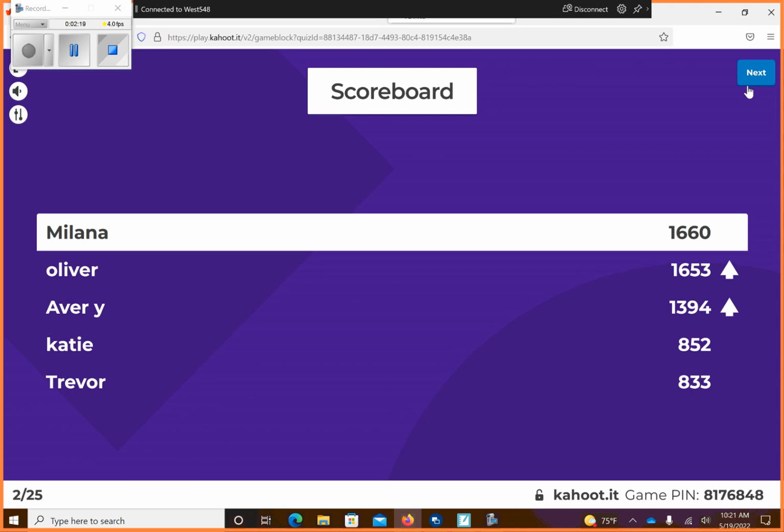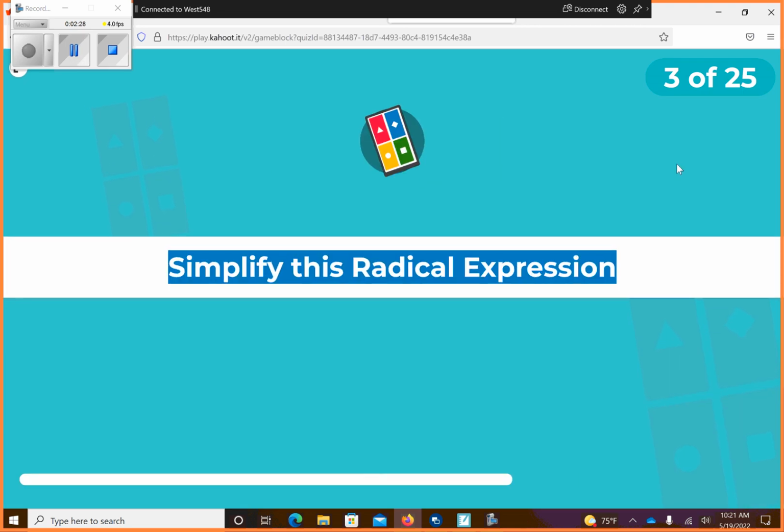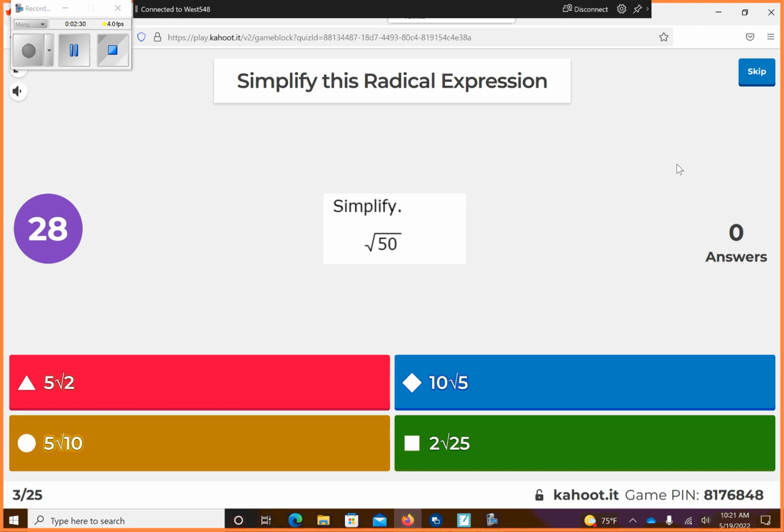Oh, lead change. I like it. Okay, same idea. Think about the biggest perfect square that works.